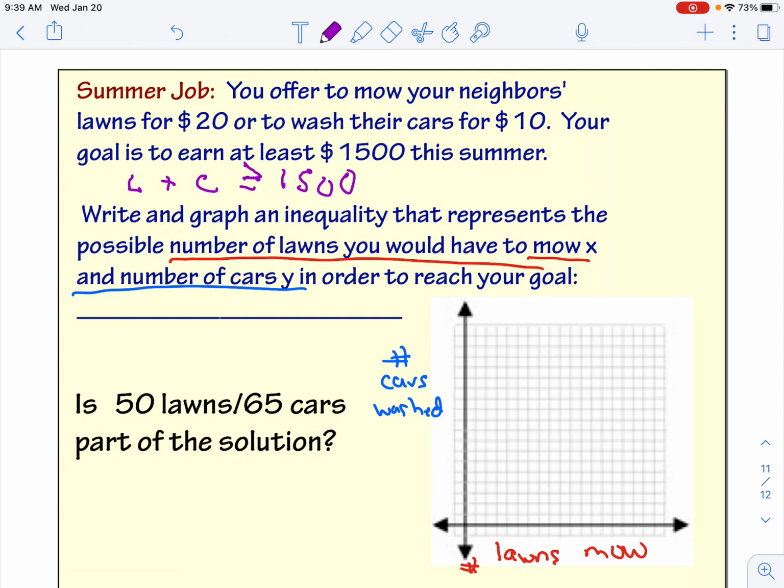But how would I figure out how much I would earn for mowing the lawns? Well, I would take $20 times the number of lawns I mow, which was my X value, and add that with $10 times the number of cars I wash, which is the Y value, and that has to be greater than or equal to $1,500.